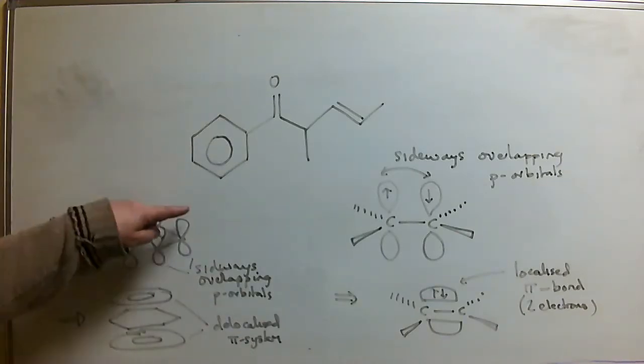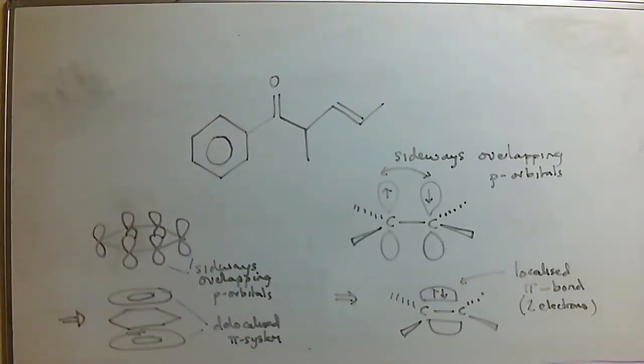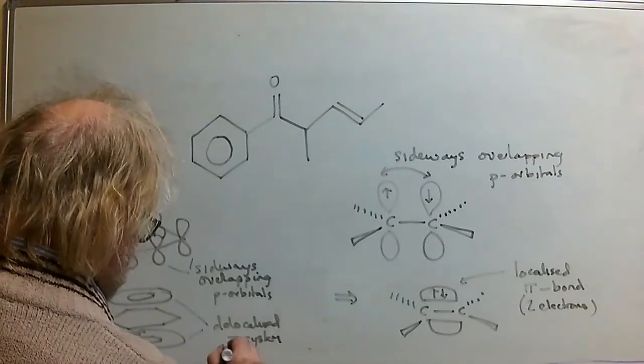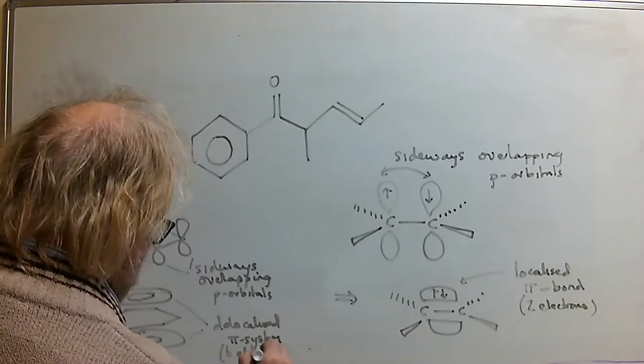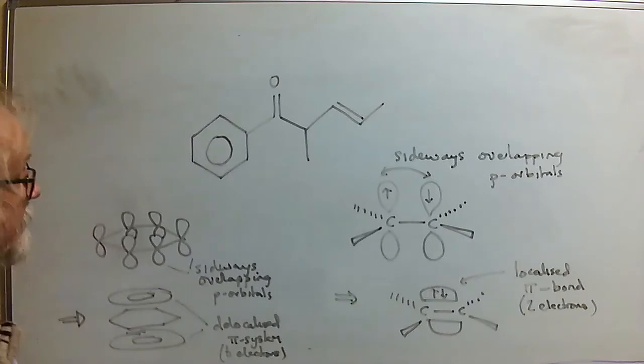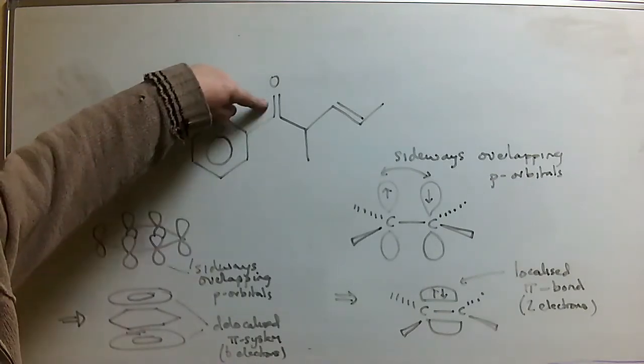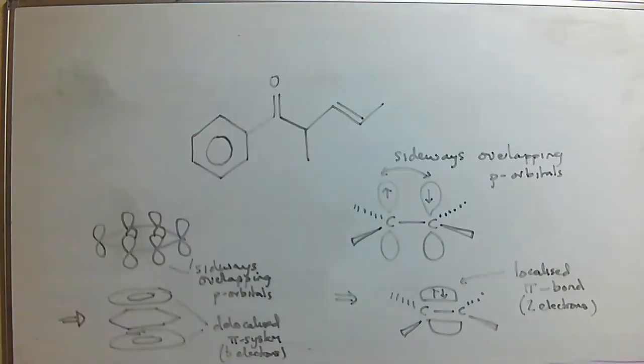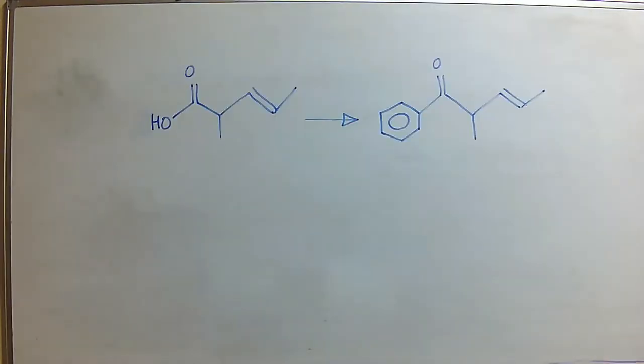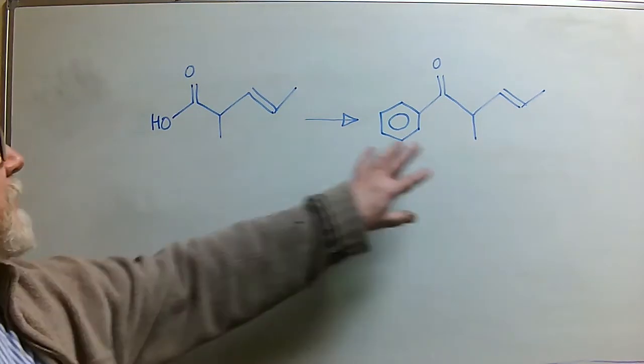So 1 electron from each atom means 6 electrons altogether in the delocalized system. So the total number of pi electrons in that molecule is 6 from this, 2 from this, 2 from this, which is 10 altogether.